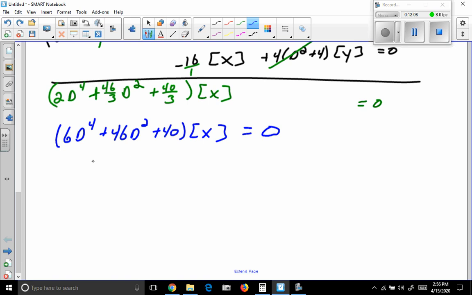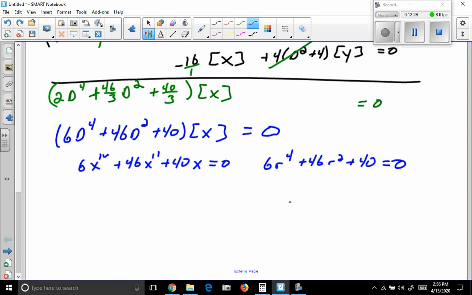If we want to, we can call that 6 times the fourth derivative of x plus 46 times the second derivative of x plus 40 times x equals 0. So our characteristic equation is 6r to the fourth plus 46r squared plus 40 equals 0, which that actually factors.